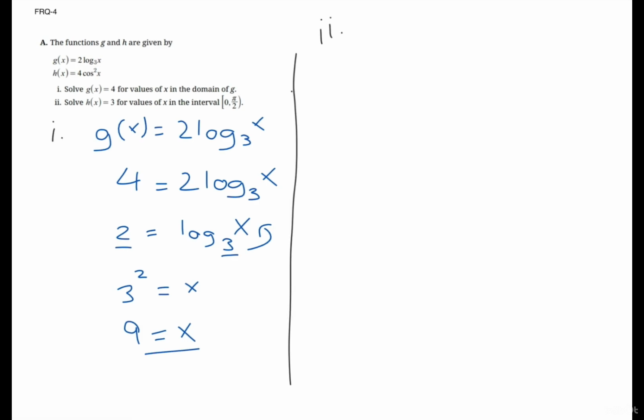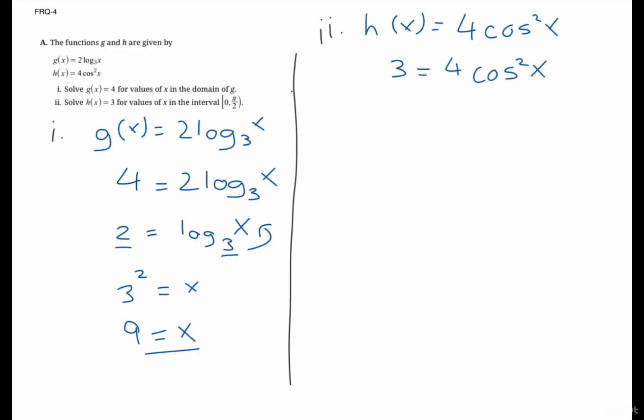In a very similar fashion, we have part 2, where we have h of x is equal to 4 times cosine square of x, and the value is given to us as 3. So 3 is equal to 4 times cosine square of x.